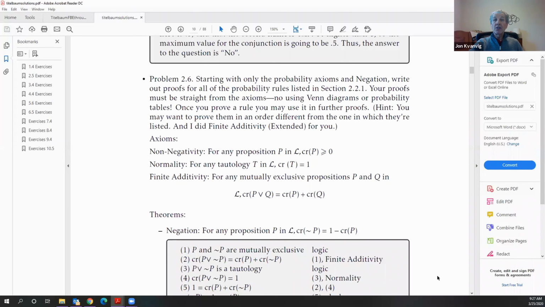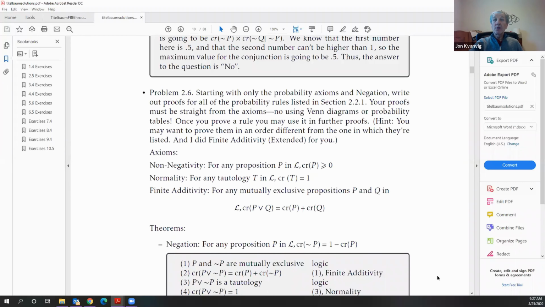Third claim. Note as well, P or not P is a tautology. So we can, by normality, conclude that its credence has to be 1.